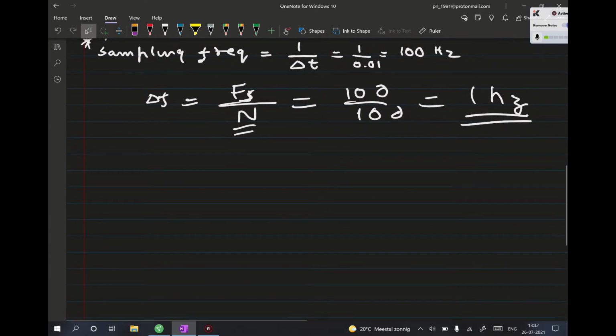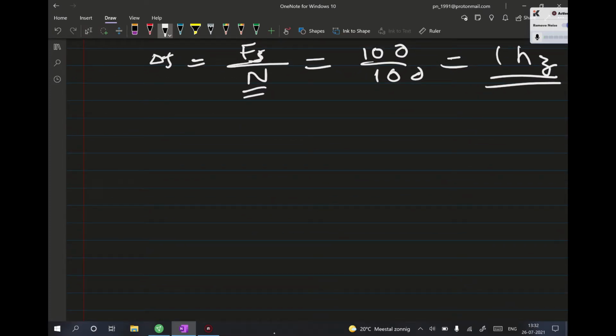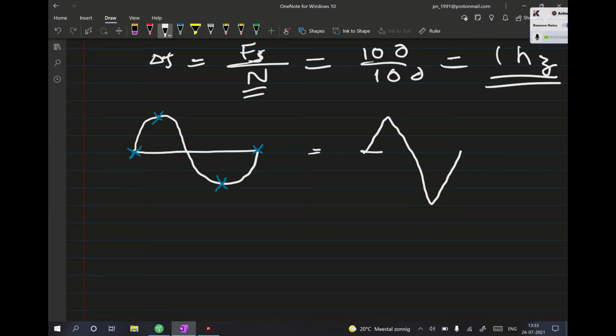Now to explain one more topic, if I have a wave function like this, and I'm recording the data at only 4 points, one is this, second is this, third is this, and fourth one is this. And if I were to plot it, we would get something like this, right?